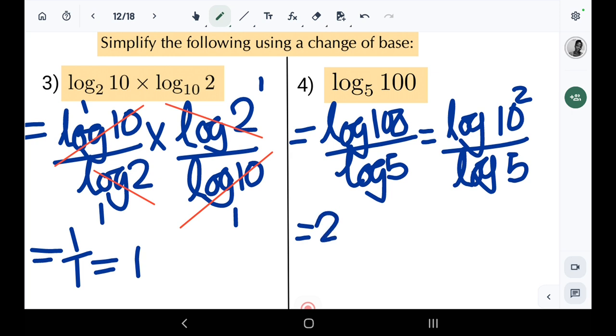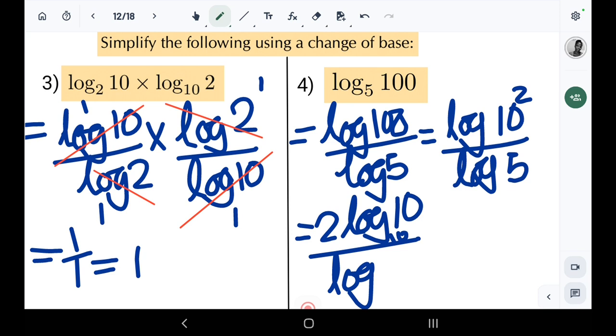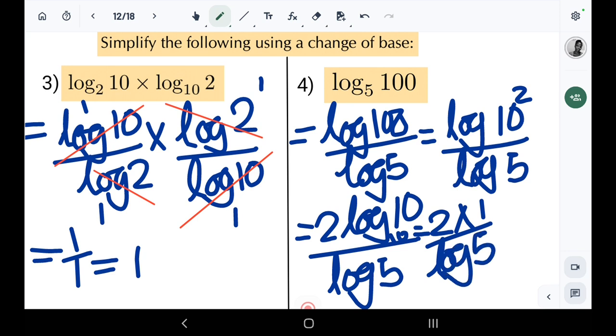So that is 2 times the log of 10. Remember, that is to the base 10, so we've got a number with the same base, log of 5. So that is equal to 2 times 1 over the log of 5, which is equal to 2 over the log of 5.